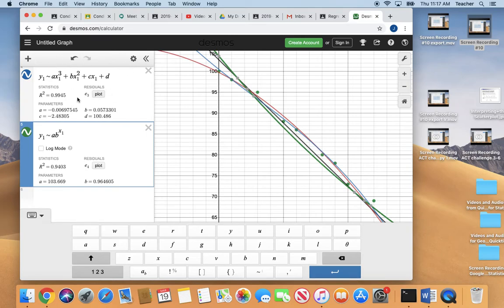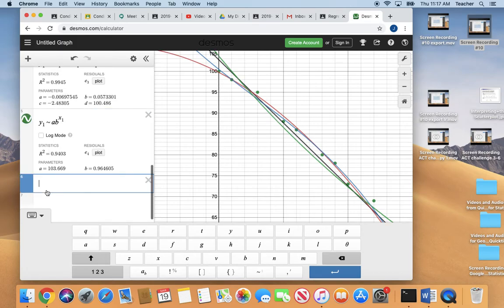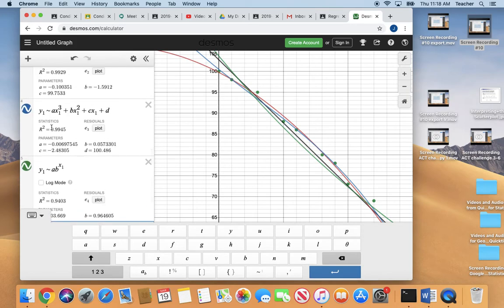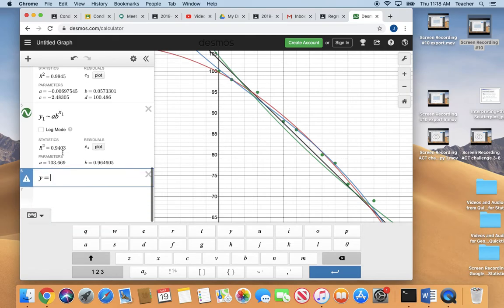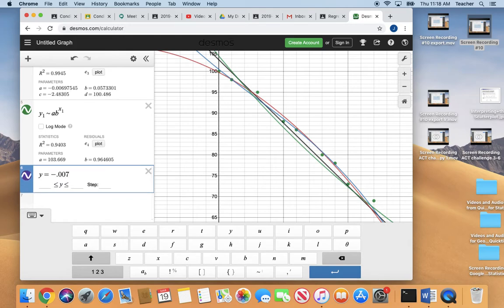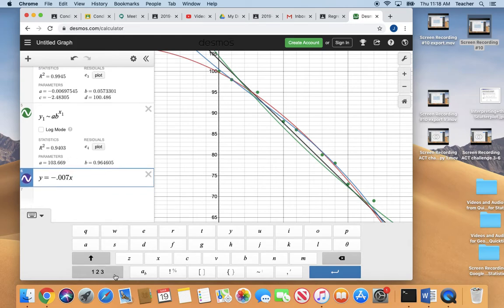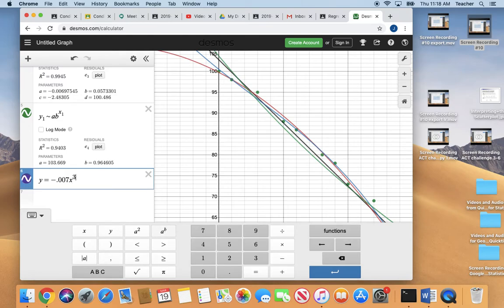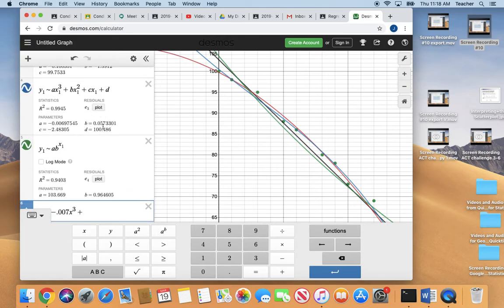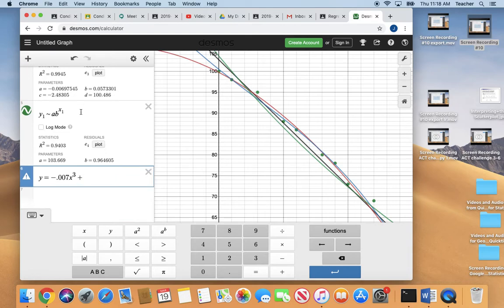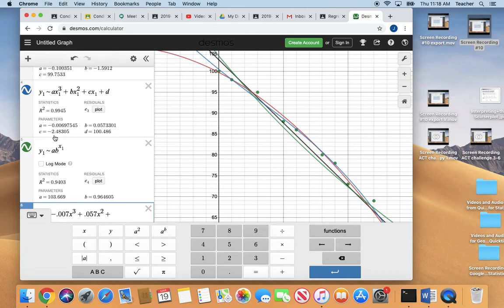If you're going to use the cubic model in this case, my equation is y equals, and remember, in place of your a, you'd put negative 0.007 x cubed, plus, in place of b with the cubic model, 0.057 x squared, plus, in place of c, negative 2.48.